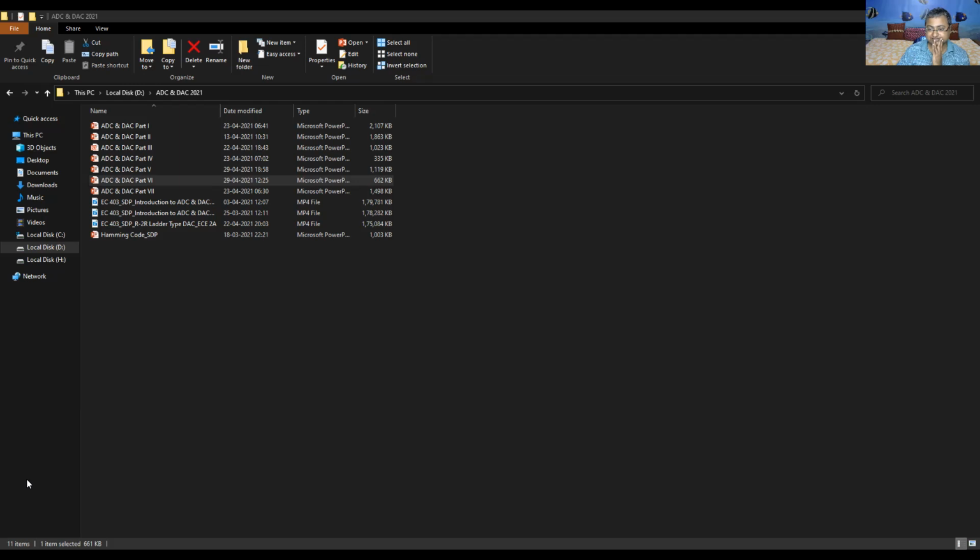When it transitions from 1 to 0 at the 2 to the power of nth clock pulse, then this transition occurs.